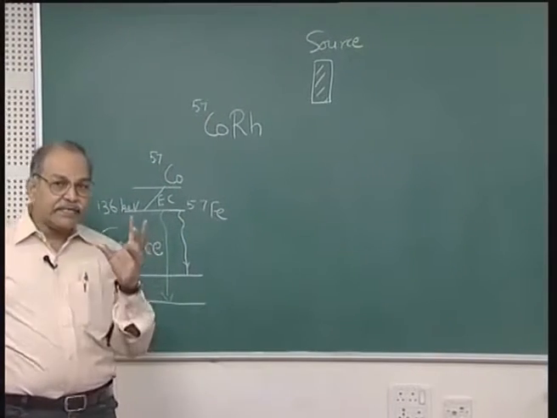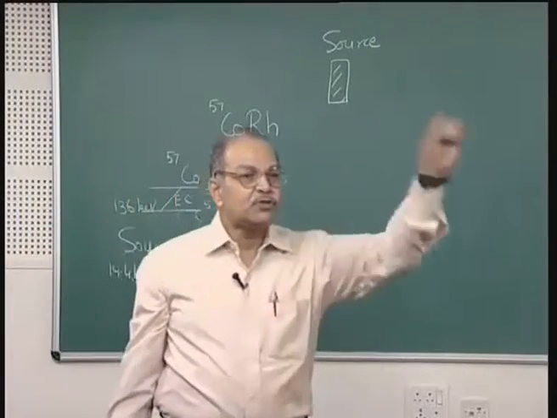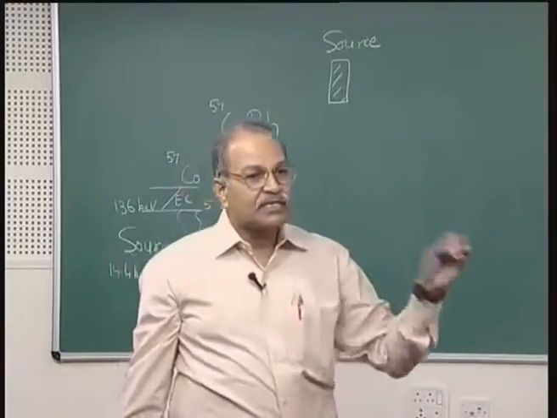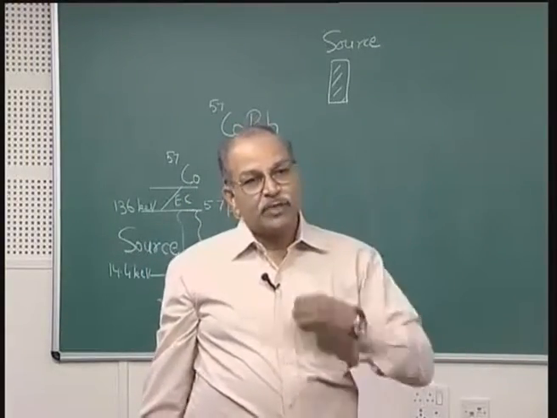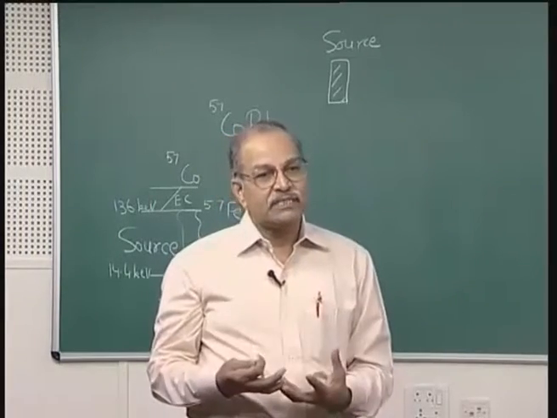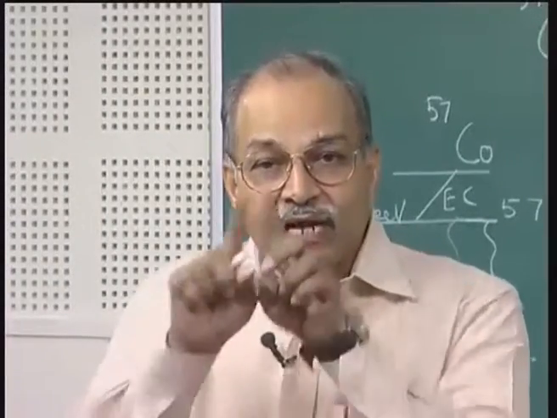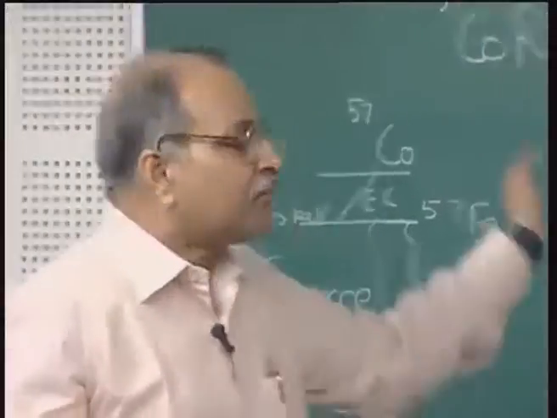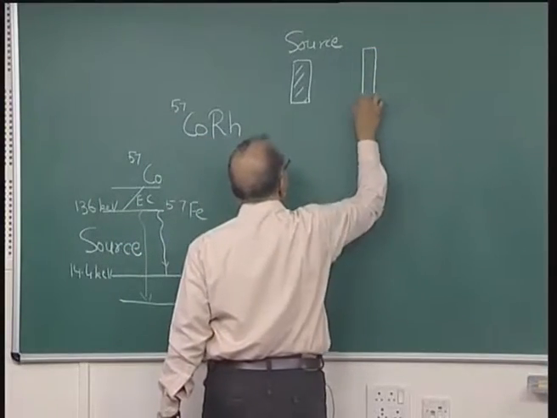Then there is the material under study, the material for which we want to know the electronic configuration or the crystal arrangement, cubic, non-cubic, ferromagnetic, non-ferromagnetic, strength of the coupling, all those things. The solid that we want to study is placed in front of this, and that is known as the absorber.